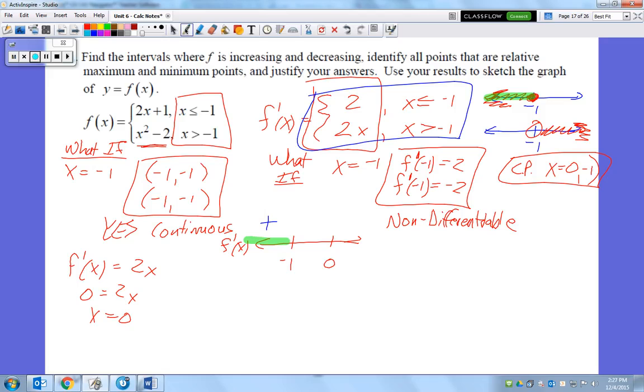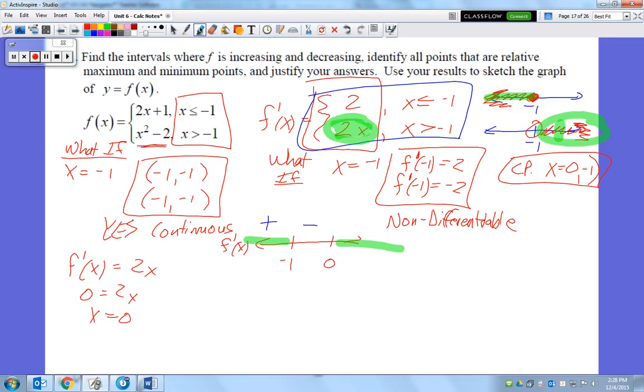Let's pick negative 1/2. Negative 1/2 is going to be what? Negative, right? Because negative 1/2 lies right here. When I plug it into this equation, 2 times negative 1/2 is going to be a negative value. So there we have it. Something to the positive or right of 0. Let's pick 1. So 1 is over here.